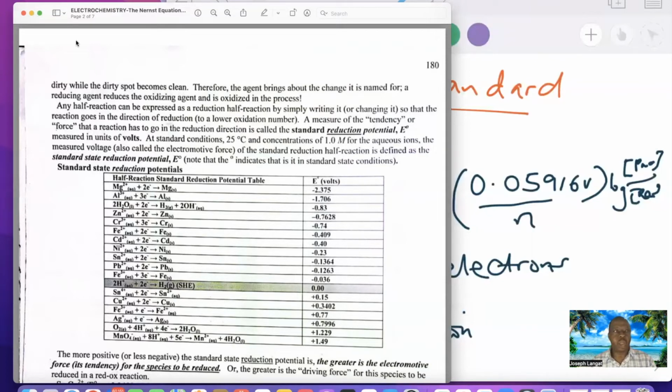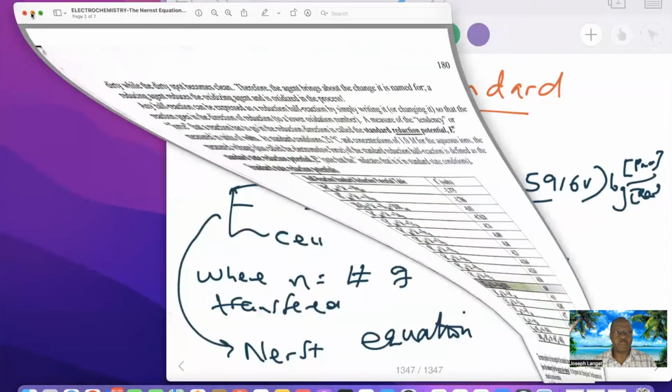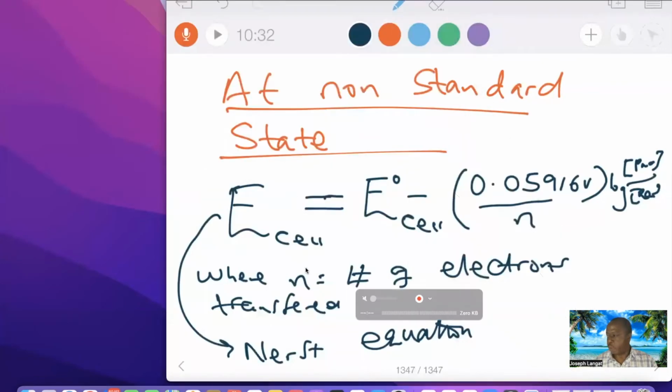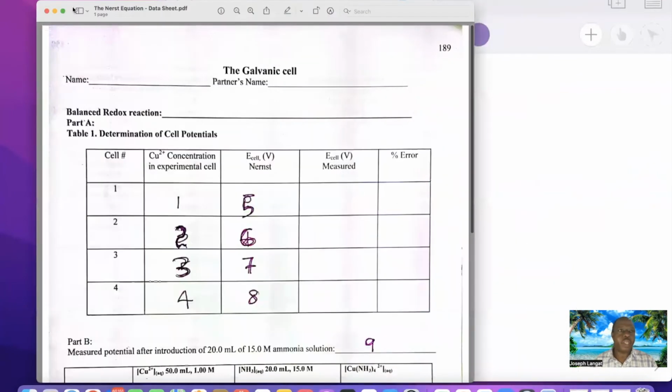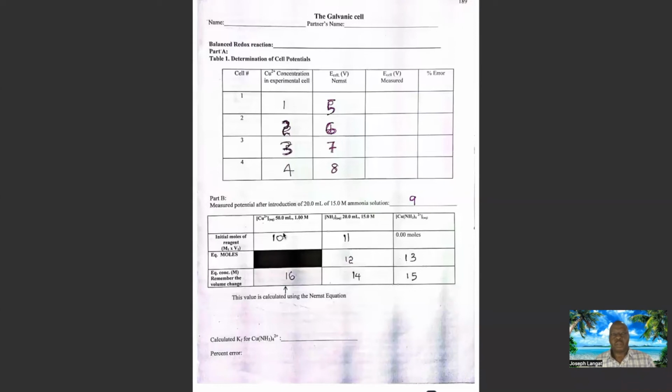Just like in one of the experiments we looked at before, I numbered the boxes in the data sheet. This way, if you get stuck and you want to email me, I will be able to identify which line number.